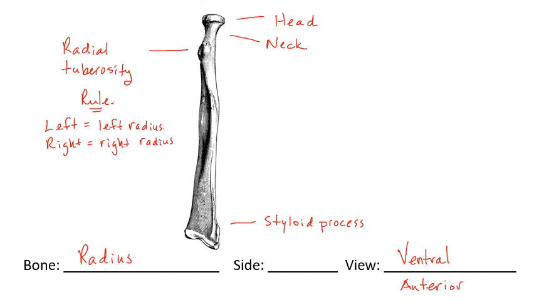And the opposite applies with the rule of the styloid process. So if it's found on the left, it means it's a right. And if it's found on the right, it means it's a left. So here we find the radial tuberosity on the left side. We find the styloid process on the right side. Therefore, this is a left radius.